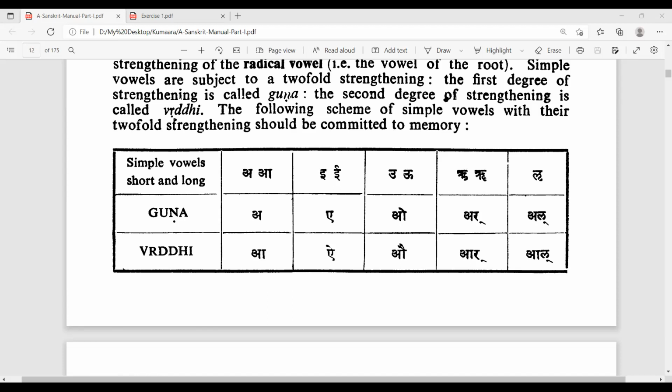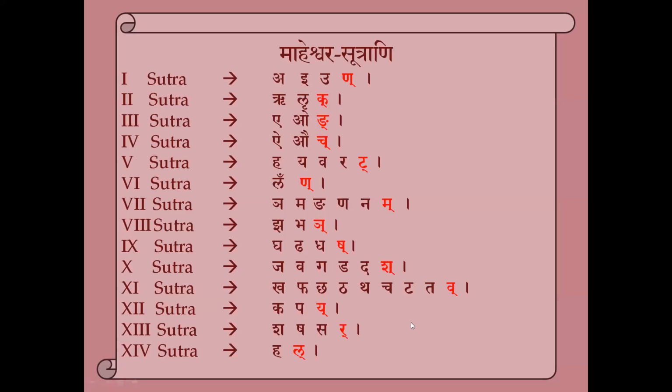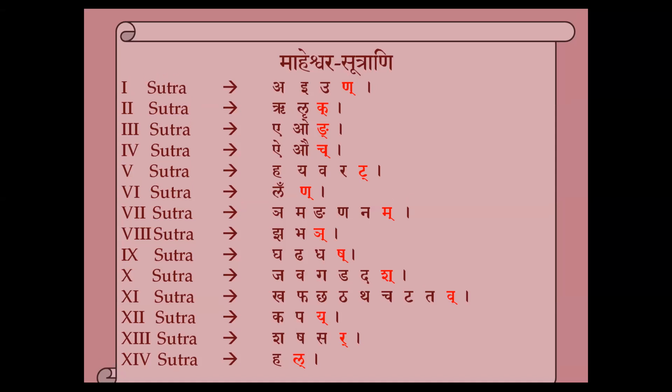It is something like this. I'll show you, one minute. Ra is a Pratyahara.